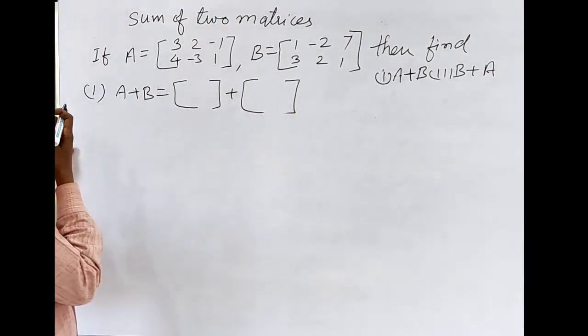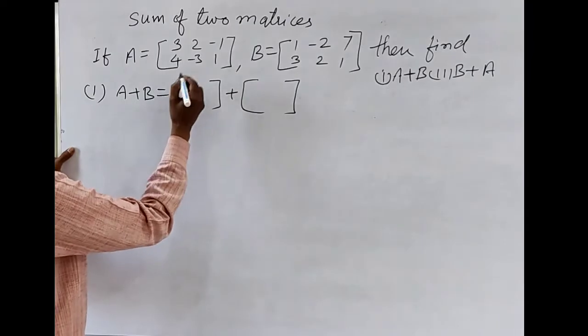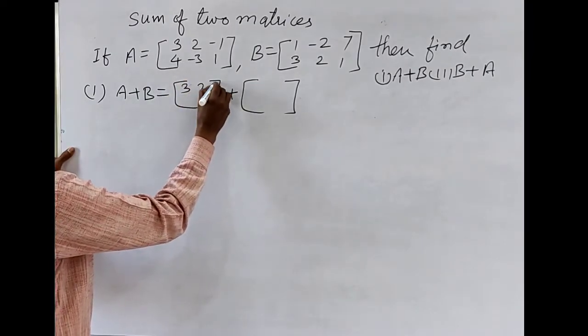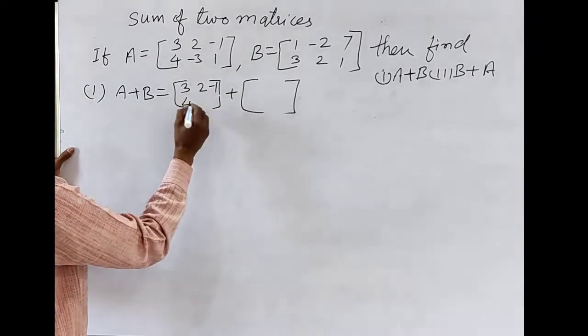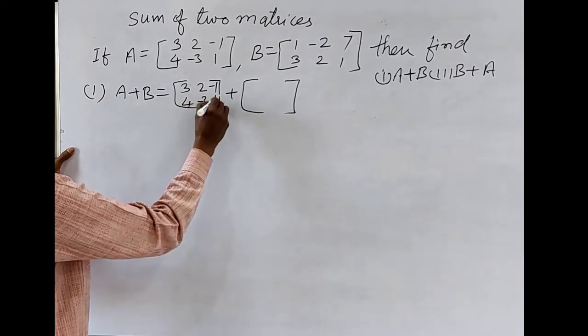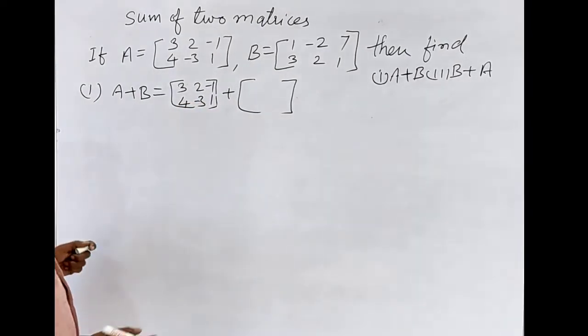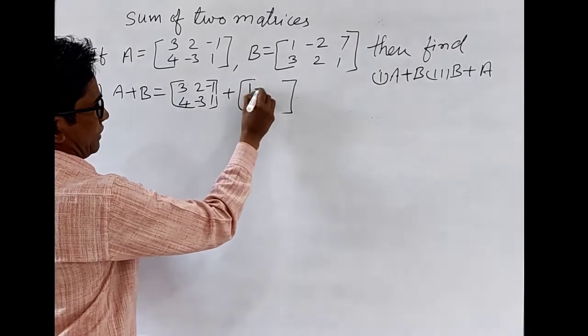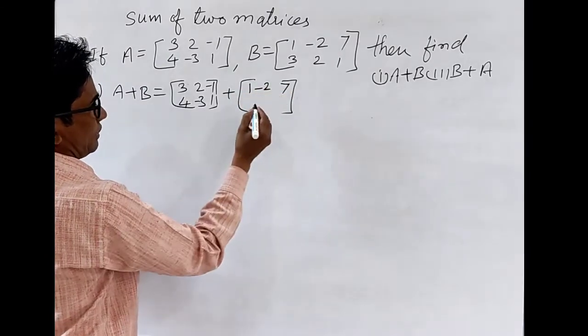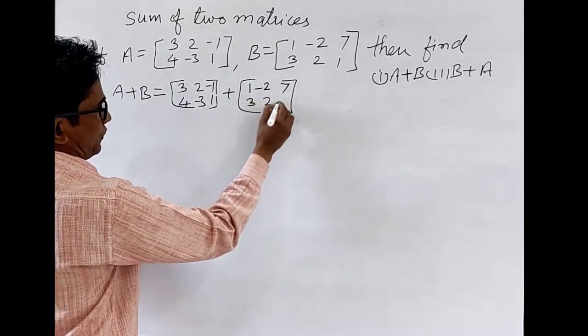So what are the elements of A matrix? 3 2 minus 1 4 minus 3 1, and elements of B matrix 1 minus 2 7 3 2 1.